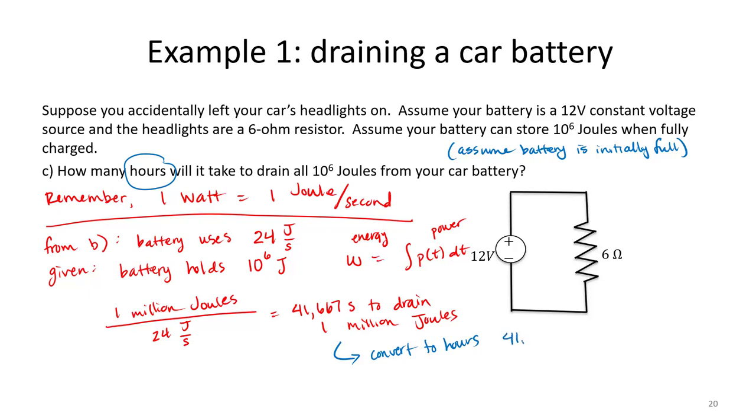We have 41,667 seconds times 1 hour is 3,600 seconds. So we divide 41,000 by 3,600. We get 11.57 hours. So about 11 and a half hours to drain that car battery to zero.